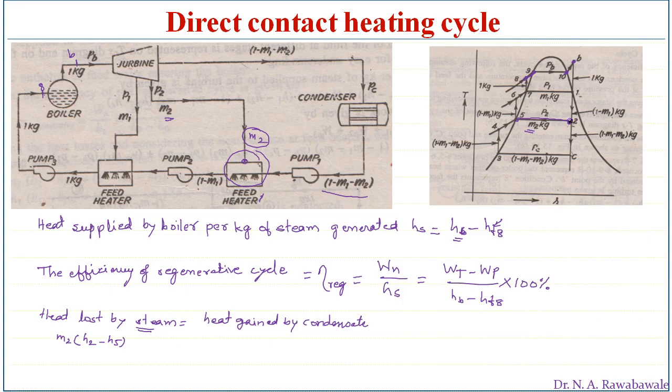Heat given by this steam is M2 into H2 minus H5, which is equal to heat absorbed by this water. From point 4 to 5, this feed water is absorbing heat, so the enthalpy of water increases from 4 to 5, and 1 minus M1 minus M2 kg of water absorbs that heat.